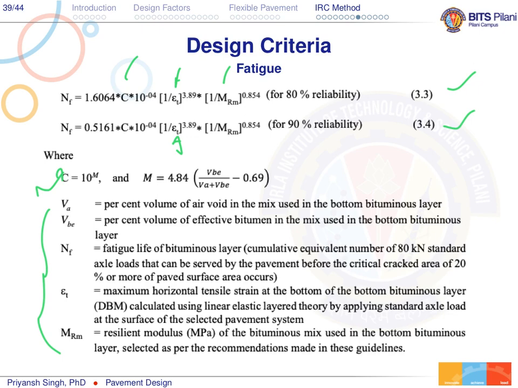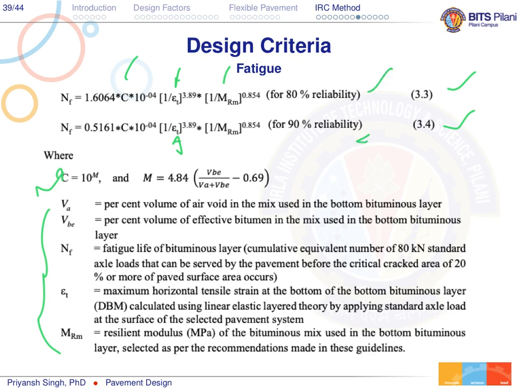In other words, the number of passes supported in fatigue and rutting should be greater than whatever traffic is going to come on your pavement in its design life. That will make your pavement safe, and this will be the overall design methodology for flexible pavement.